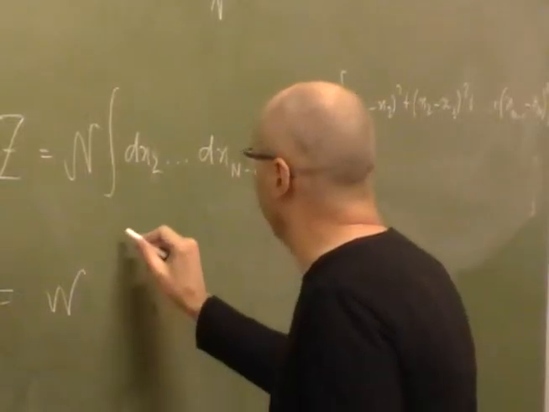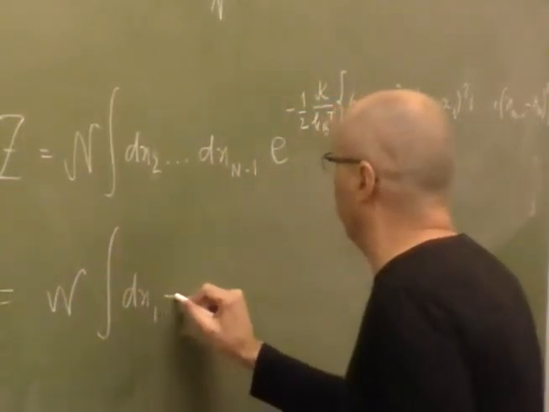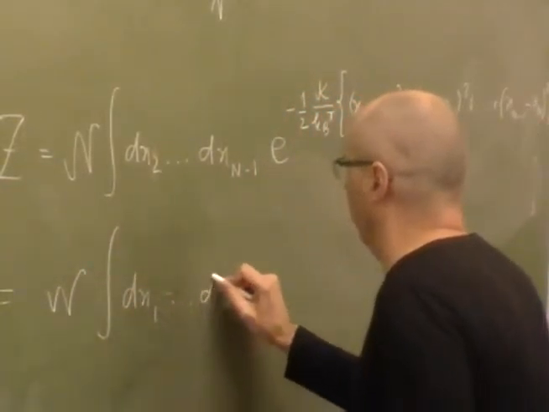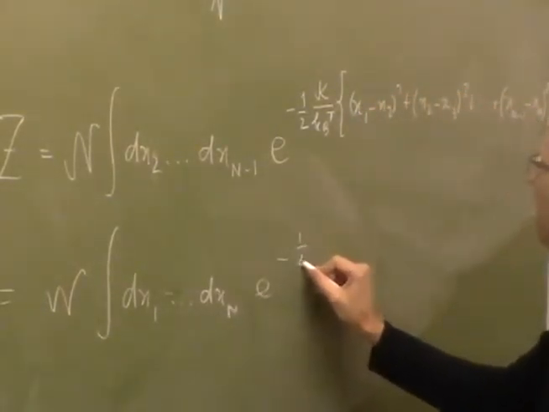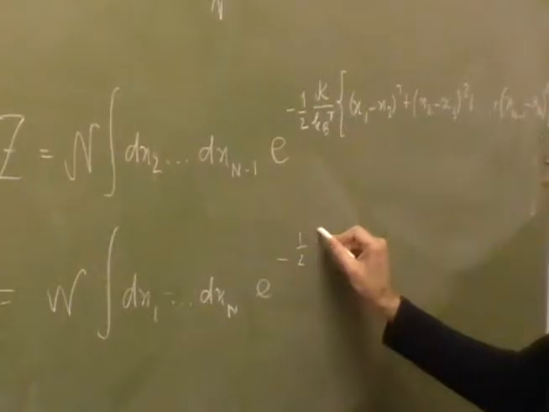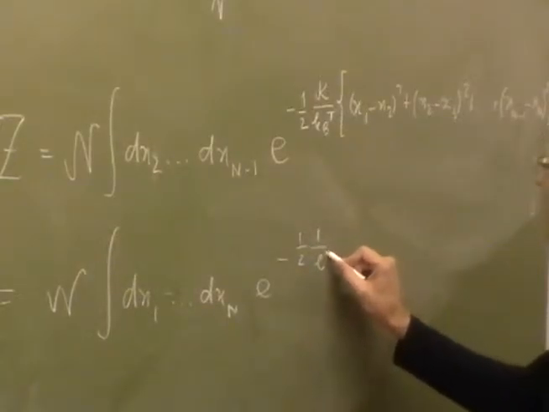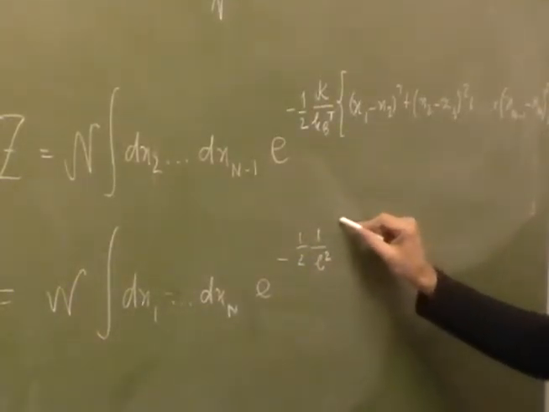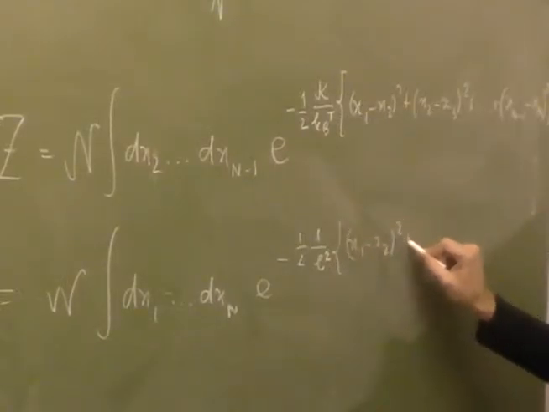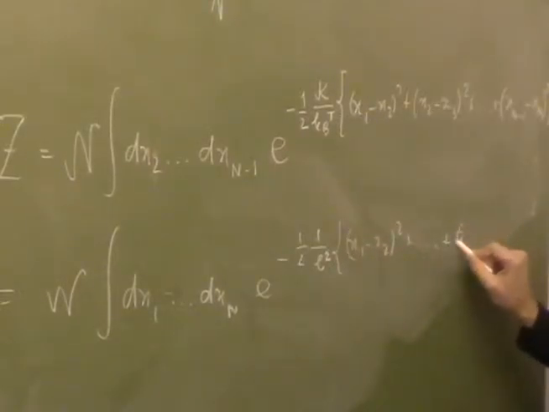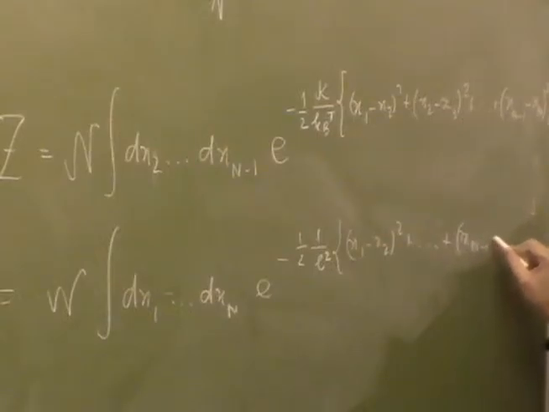So we could replace that prefactor by something that looks like 1 over some kind of length scale squared. And all of these Gaussian factors over here.